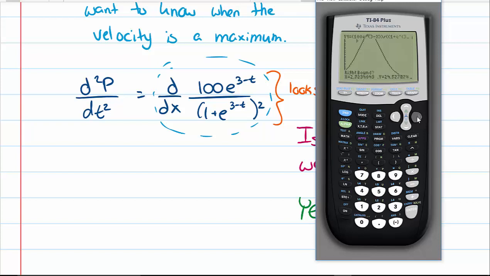That means that my maximum is going to be between these 2 points. And then the calculator asks you to make a guess. Well, it's somewhere up here at the top. Push enter. It'll think. And look at that. Maximum is 3 point, a bunch of zeros, and then a 1. So we know the calculator sometimes has a little bit of error. So the maximum is x equals 3.